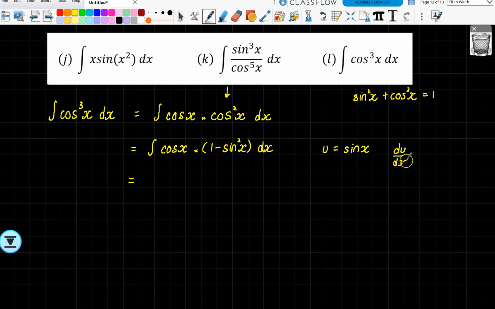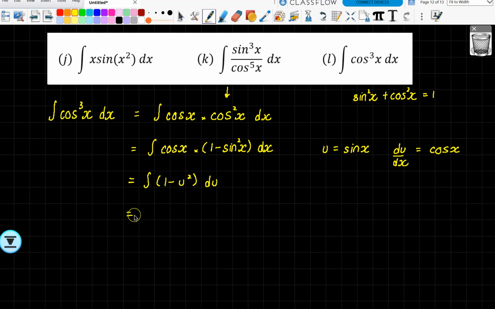Okay, so now the derivative of sine x, don't you just love it? The derivative of sine x is indeed just our cos x, which we have there. So when we rewrite this now, instead of 1 take sine squared, it's 1 minus u squared. Cos x is my du by dx, integrating with respect to x. So now I'm integrating with respect to u.